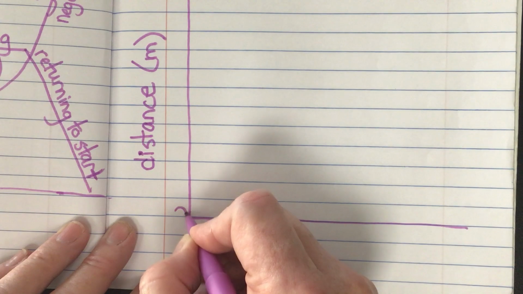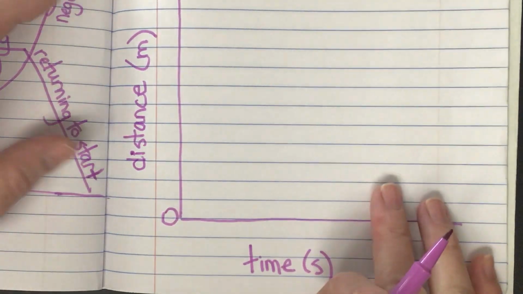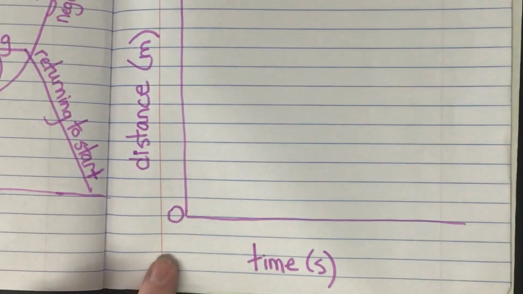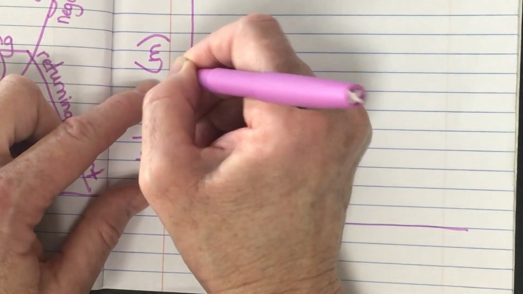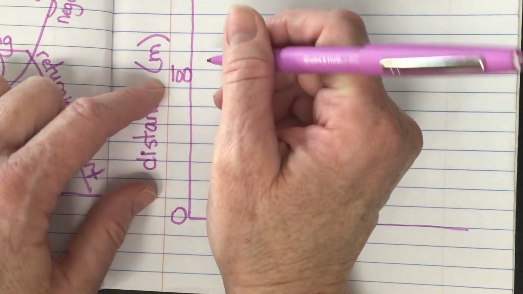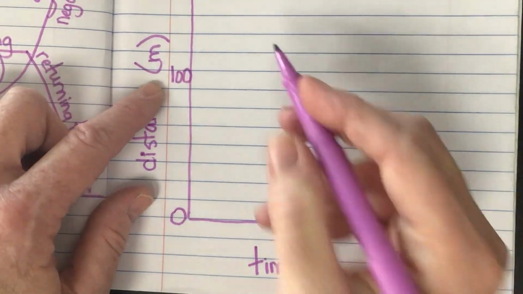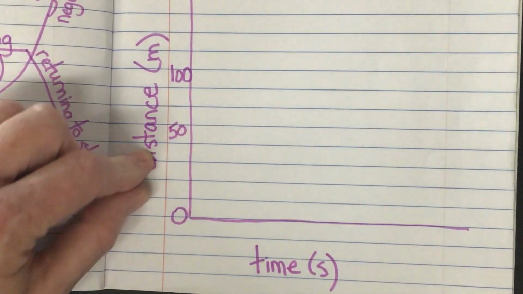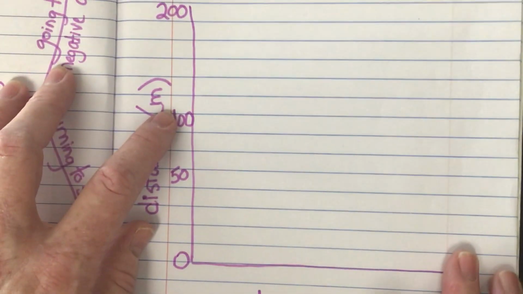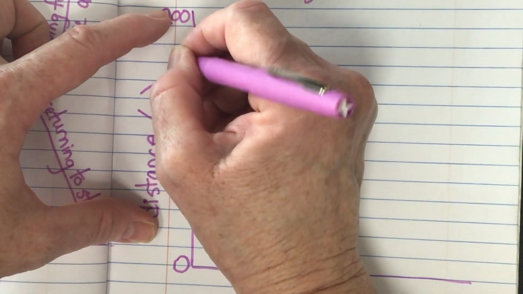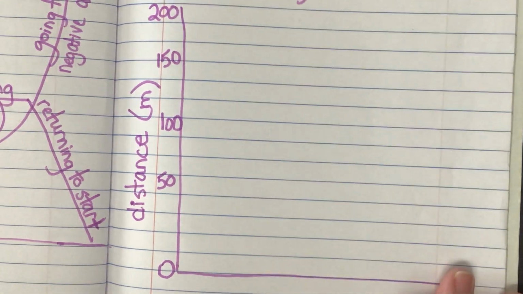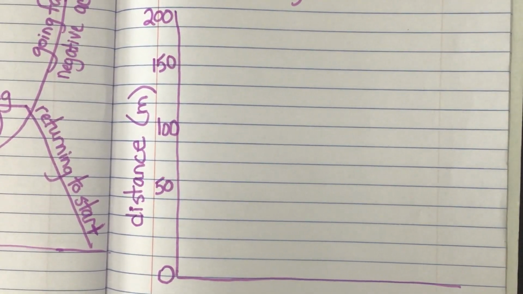Okay, now distance. We're gonna go from 0 to 200. All right, and right in between that would be 100. Okay, in between 0 and 100, we're gonna make 50. And then between 100 and 200, we've got 150. Will you look at me if you're caught up?